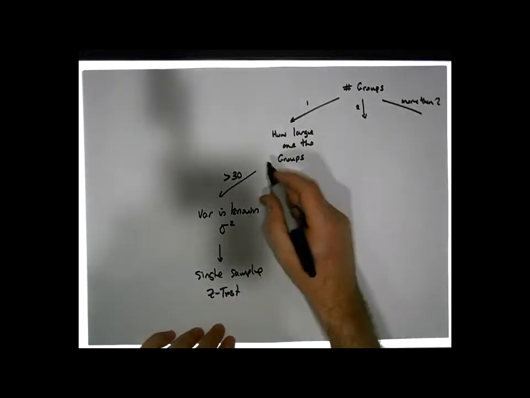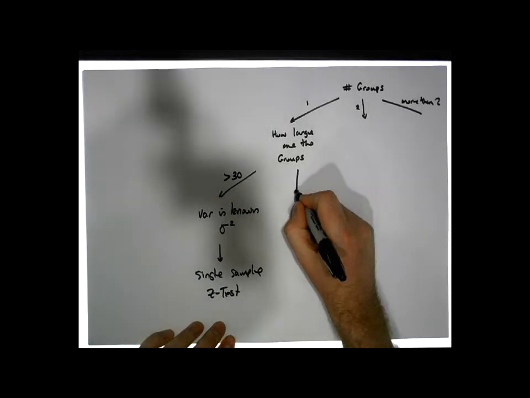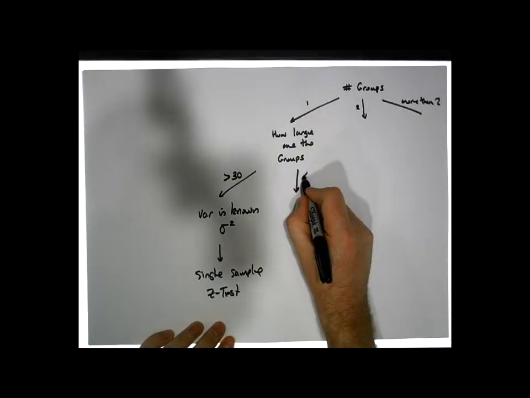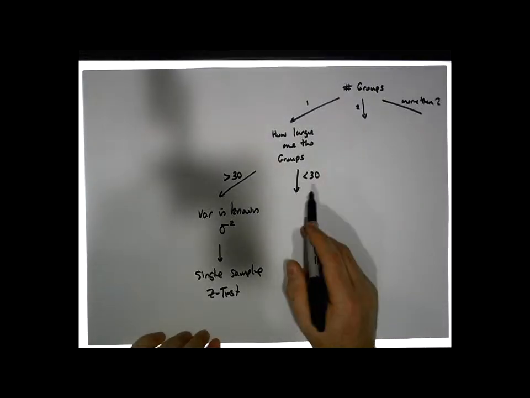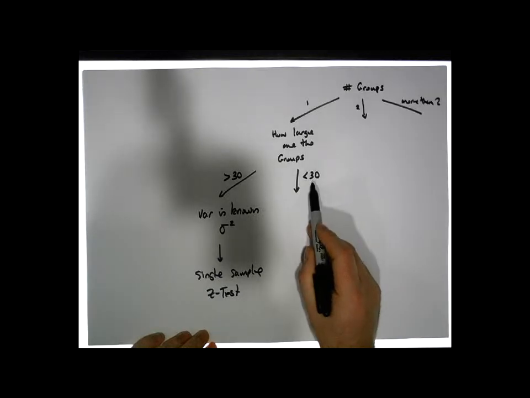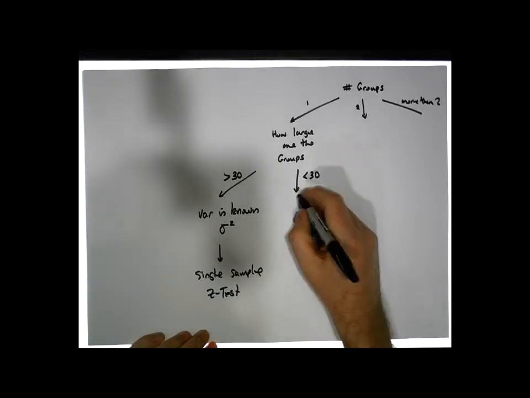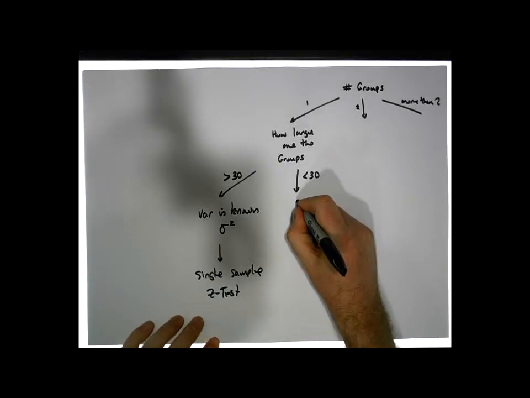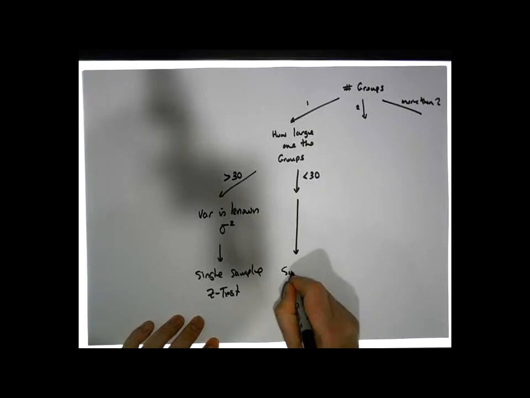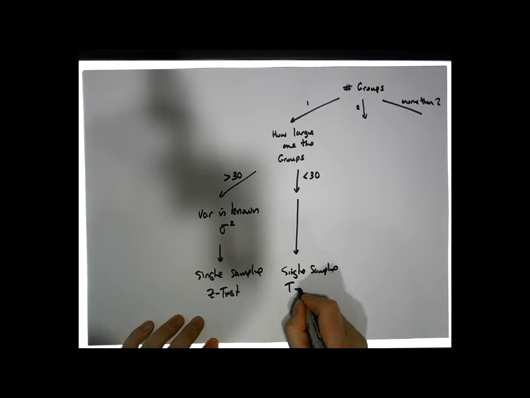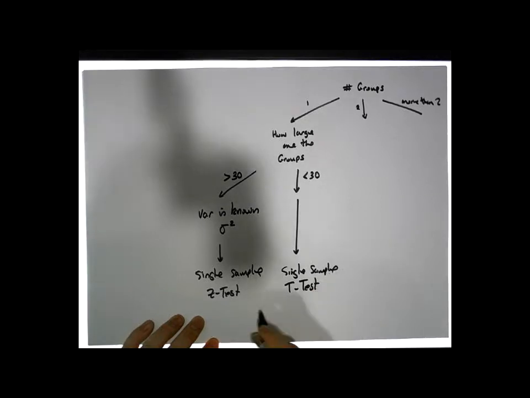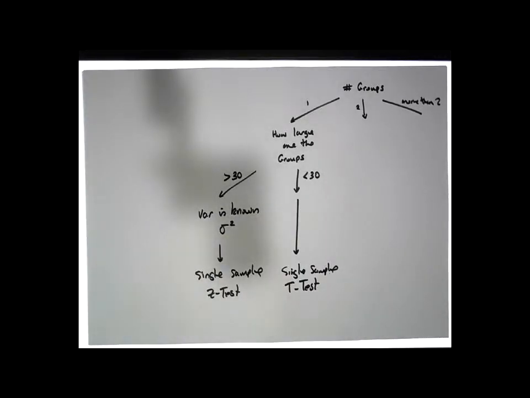Now, in the situation where we've got less than 30 observations, and SPSS actually always does t-tests anyway, where we're going to go is a single sample t-test. That's what we're going to undertake when we have less than 30 observations.